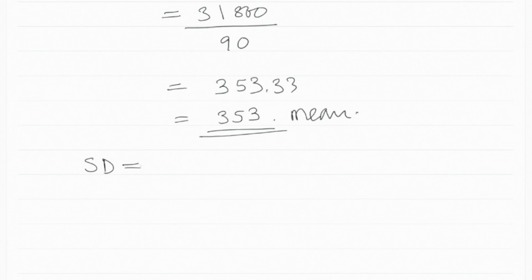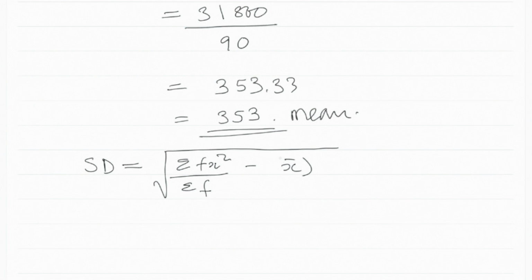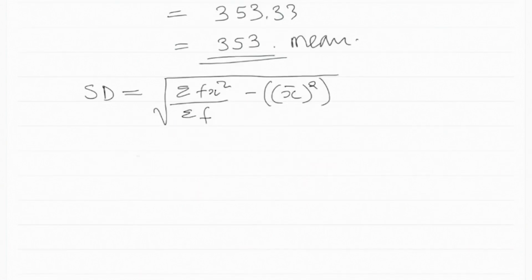So the standard deviation is given by the formula, the square root of summation of fx squared, everything over the summation of f minus the square of the mean that you've already found. So we can do like that so that we can work out that problem.